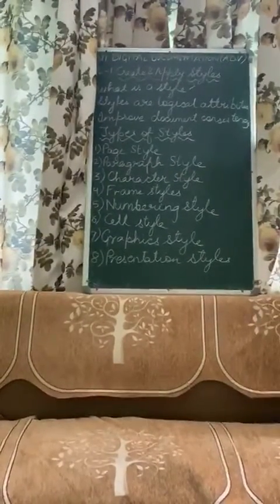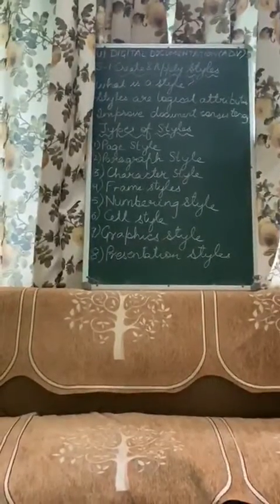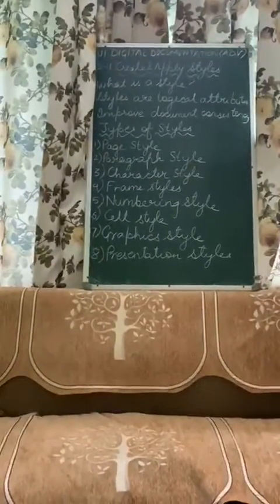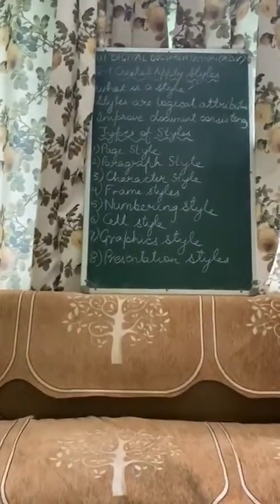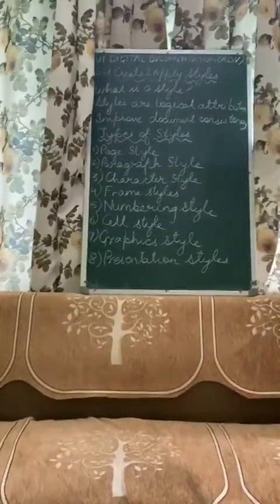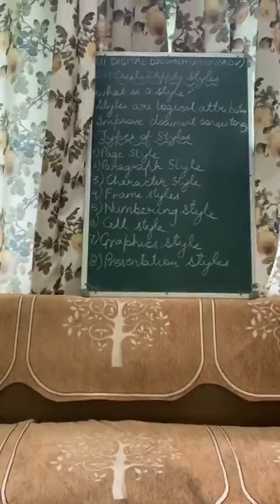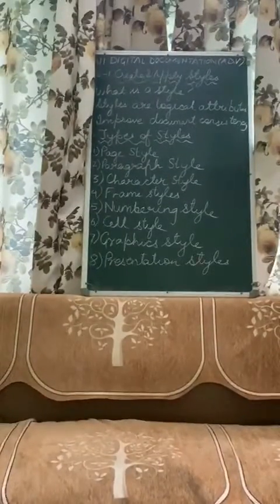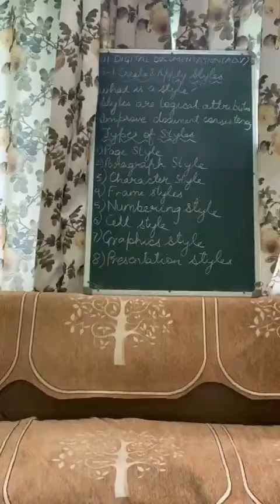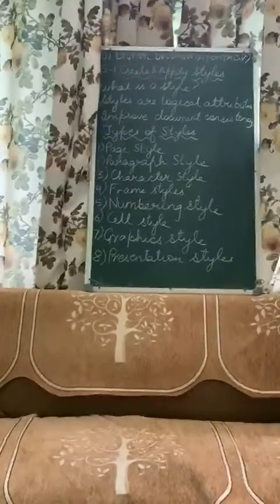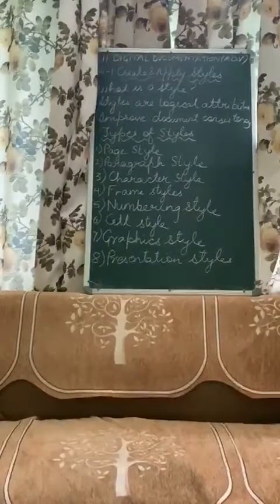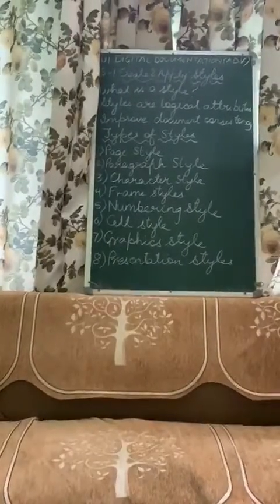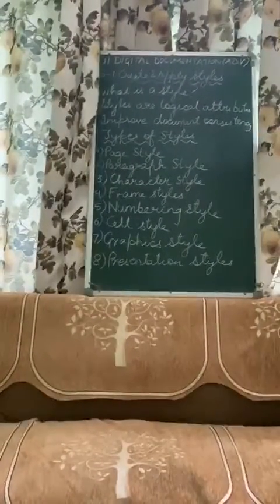Now the next point is that styles are logical attributes. Attributes means properties, and logical means that using styles, we do not mean that we are changing the font size, the font color, the font name, bold, italics, underline. No, but you are defining the major characteristics of a document.